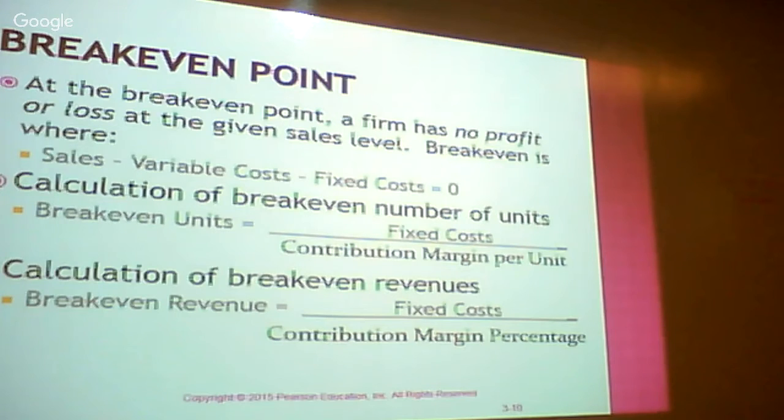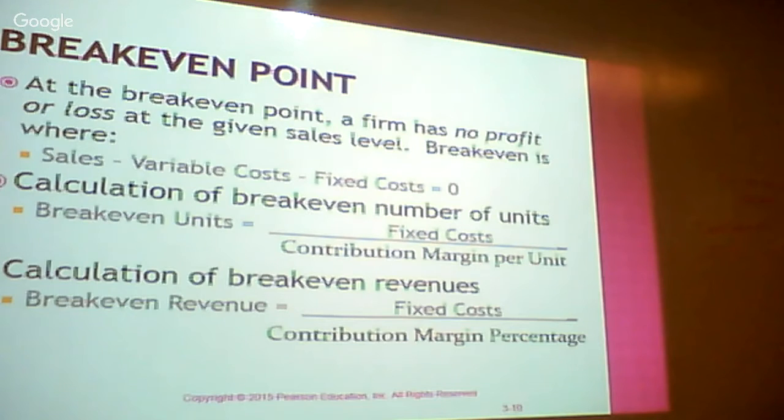So say I have fixed cost of 1,000, and I have contribution margin of 4. My break-even, I would take the 1,000 divided by 4.